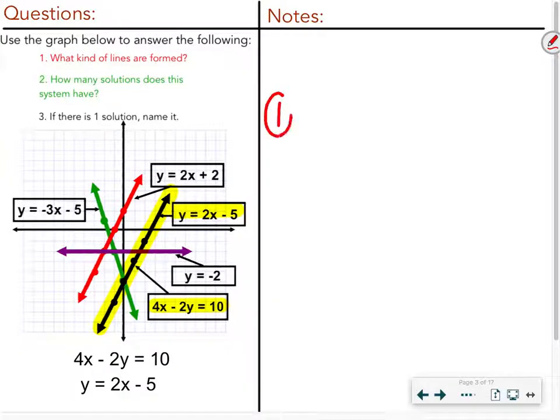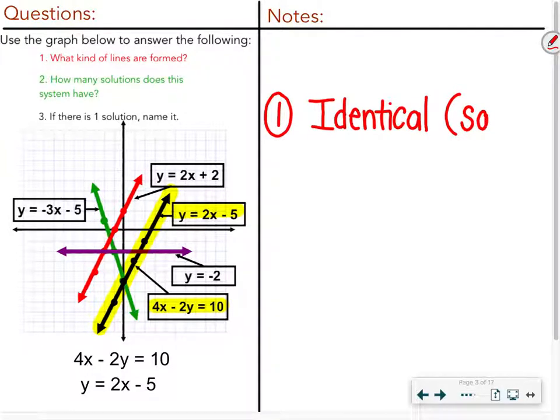When two lines are the same, we call them identical, meaning they are the same line. Lines that are identical have an infinite number of solutions, and here is why.